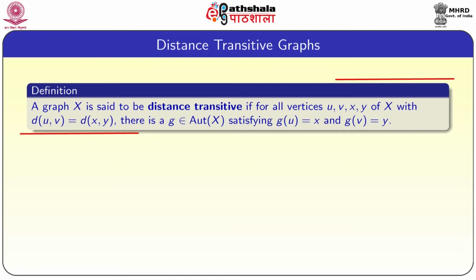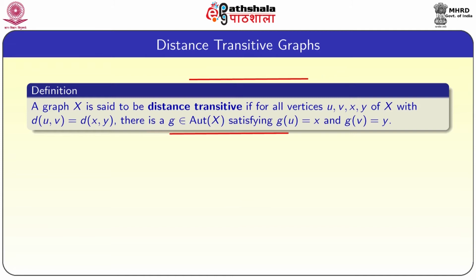A graph X is said to be distance transitive if for all vertices u, v, x, y of X with distance of u, v equal to distance of x, y, there is an automorphism g satisfying g(u) equal to x and g(v) equal to y.